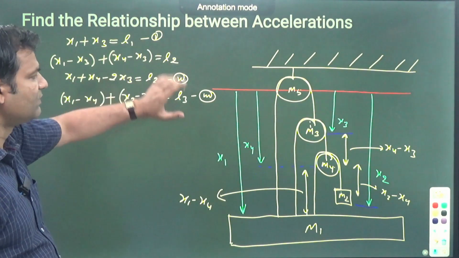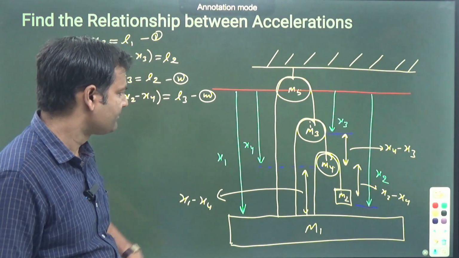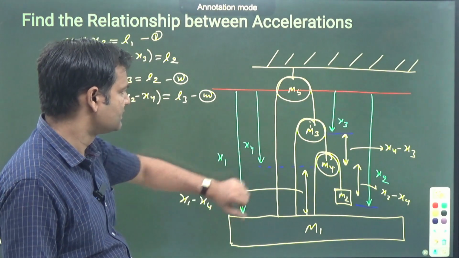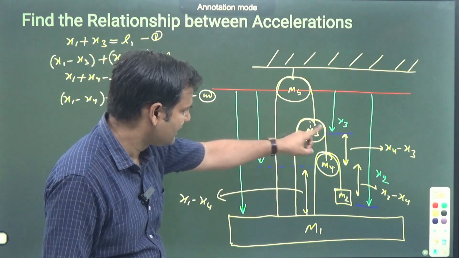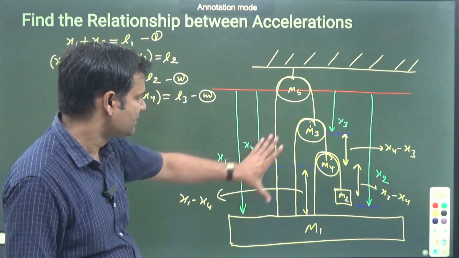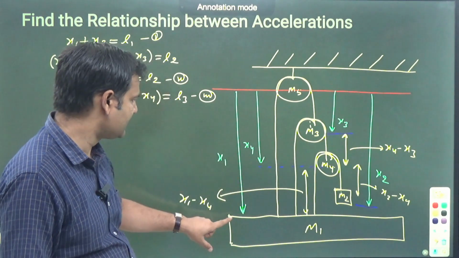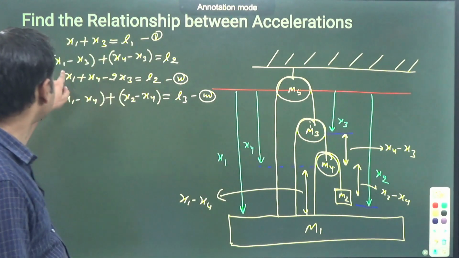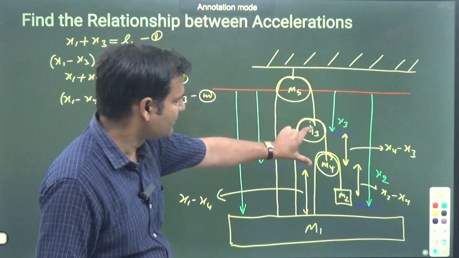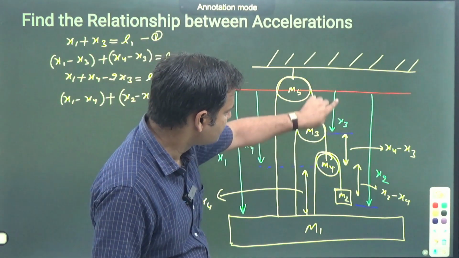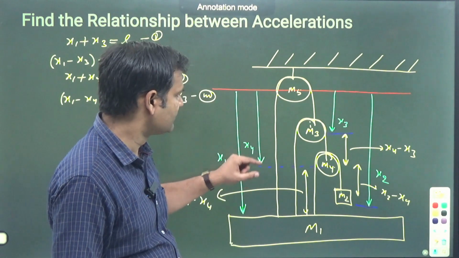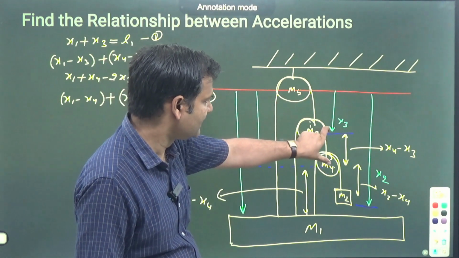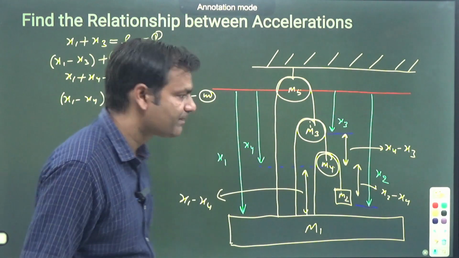This is equal to L1. Next target is the L2 string length. What about this length? That is x1 minus x3, plus what about that length? From here to here, that is x4 and here x3. So that length is x4 minus x3.